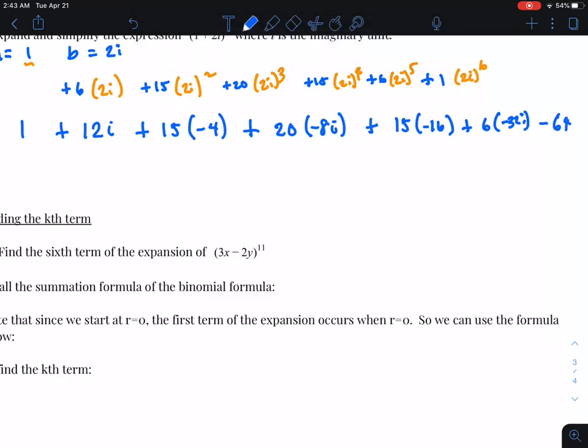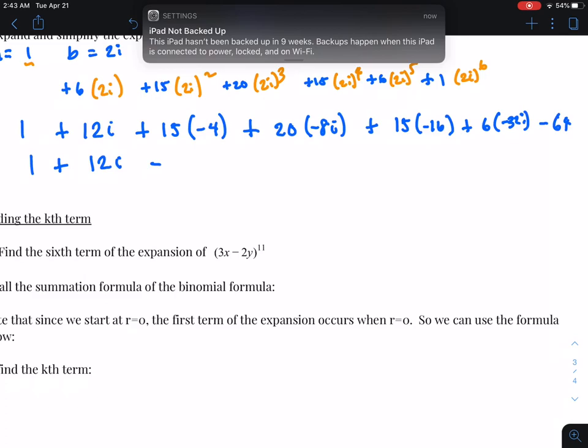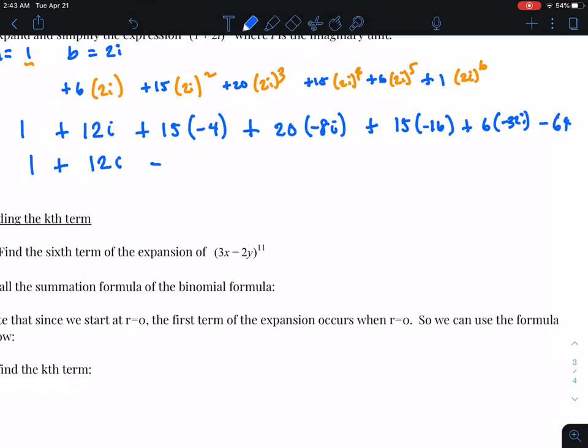Okay. So let's just combine. Got 1 plus 12i minus 160i. It's a negative actually.